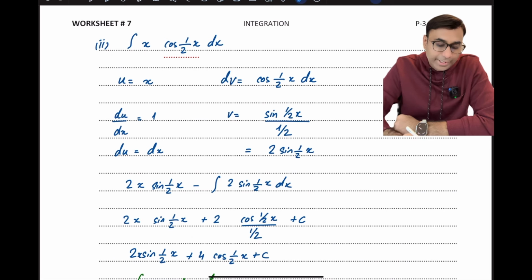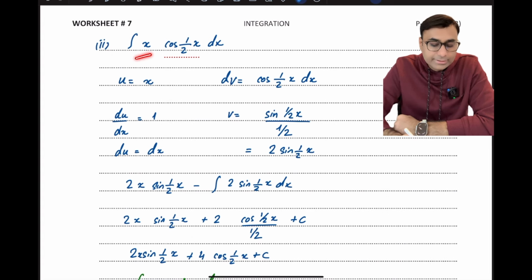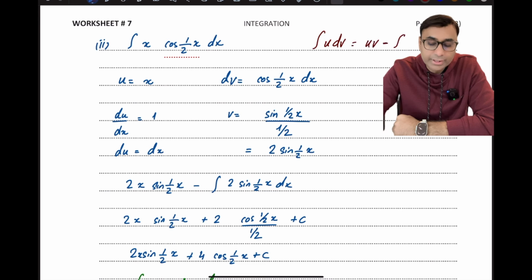Let's have a look at another example. I have to integrate x cos half x dx. I again recall my formula, which is: integral of u dv equals uv minus whole integral of v du. I have to make a choice of u and dv, so I recall the LIATE principle, and I identify that my preference for u is going to be algebraic.